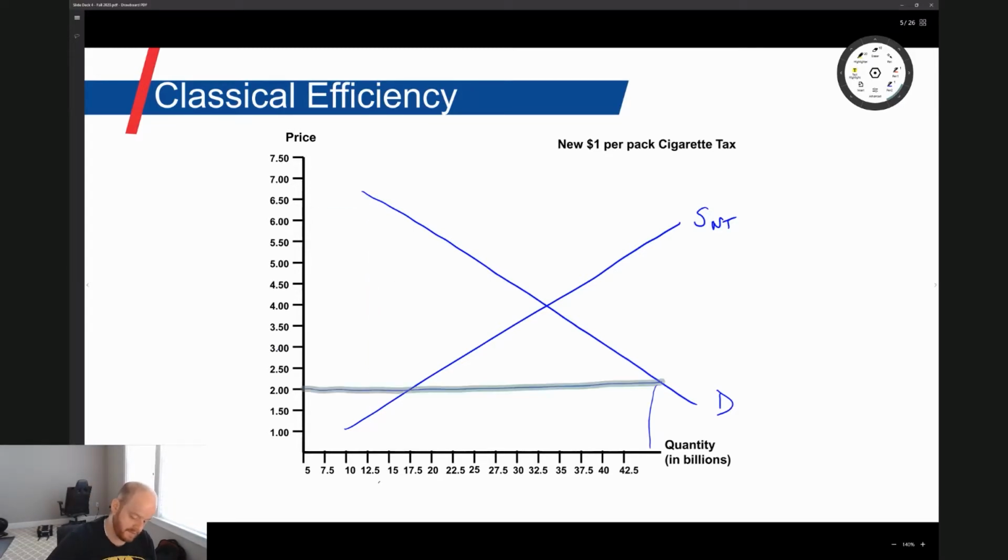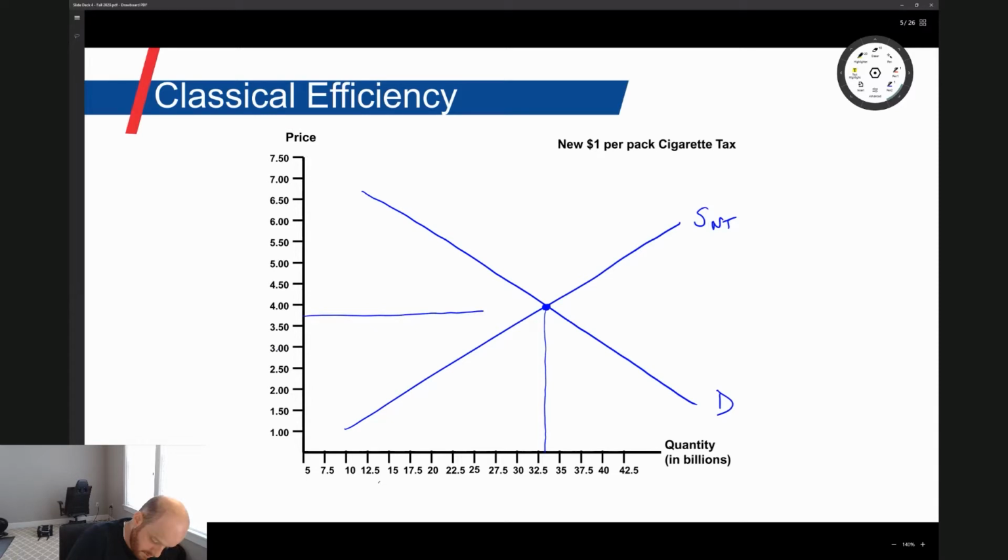Now, this point at which our supply curve and our demand curve intersects is called the point of equilibrium. It's our market equilibrium point. So in this market, we are essentially at a point where we're selling a pack of cigarettes for $3.75 a pack, and around 33 billion packs of cigarettes are sold. That is our market equilibrium point.